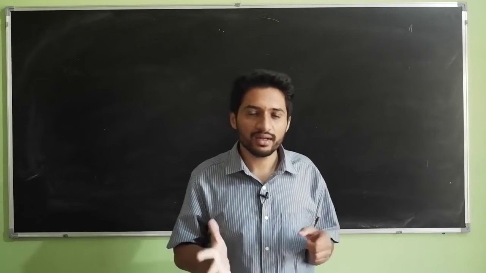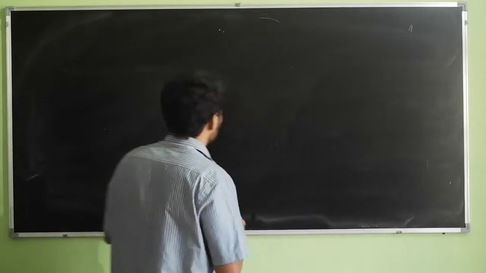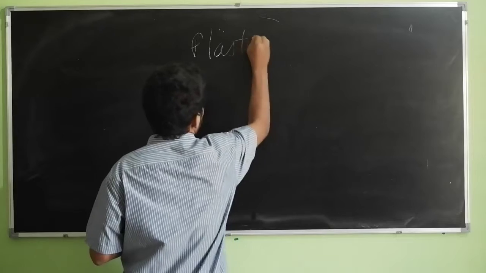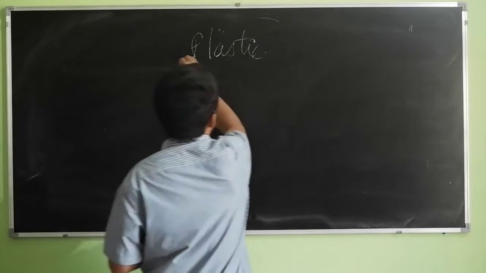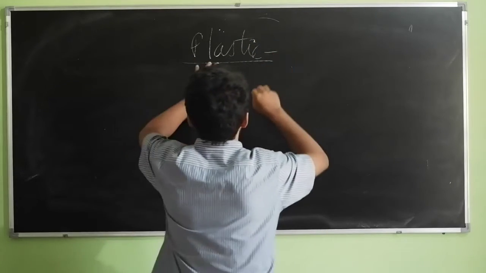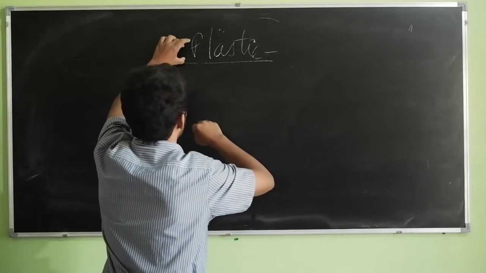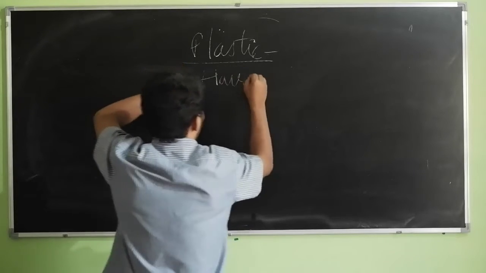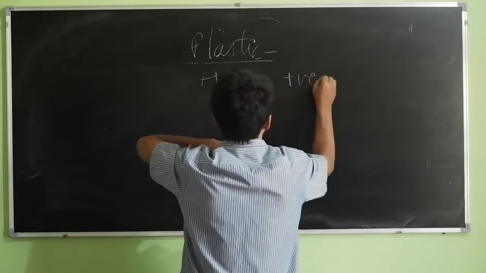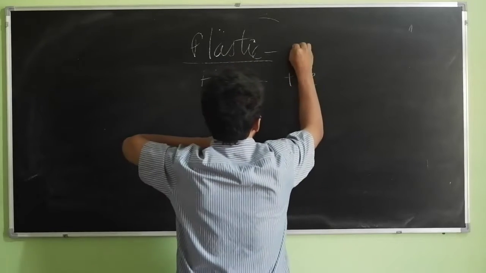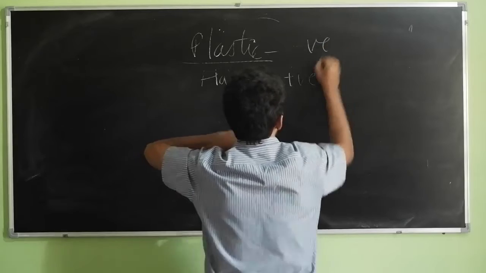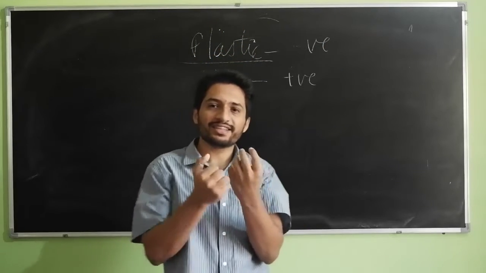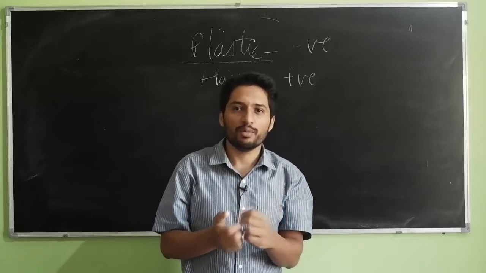Why was it attracting? Remember, this scale is plastic. When I rub it on my hair, the hair becomes positively charged and the plastic becomes negatively charged. That's why the plastic becomes charged, and that's why it gains the capability to attract objects.